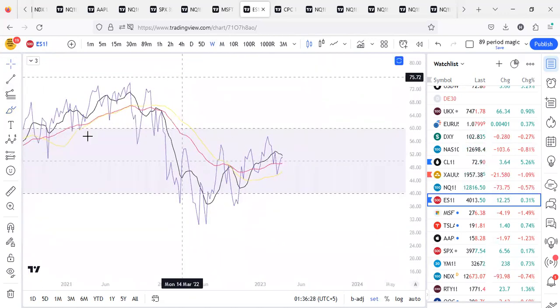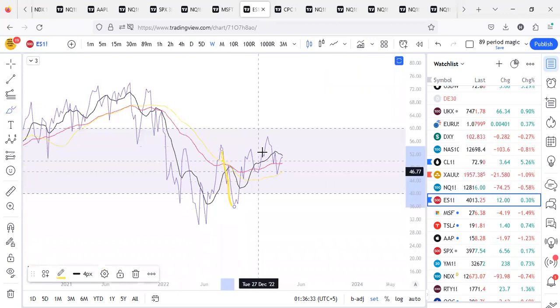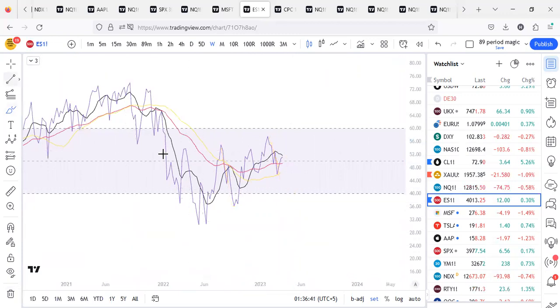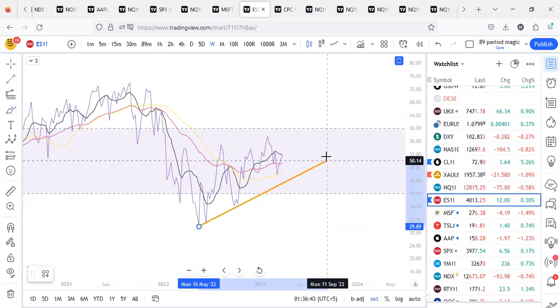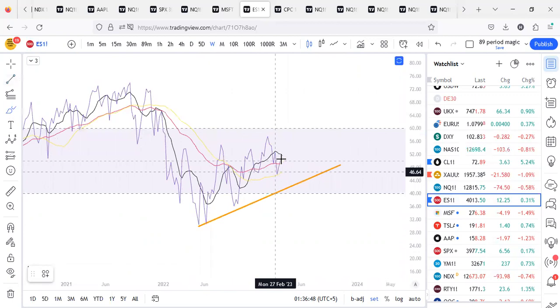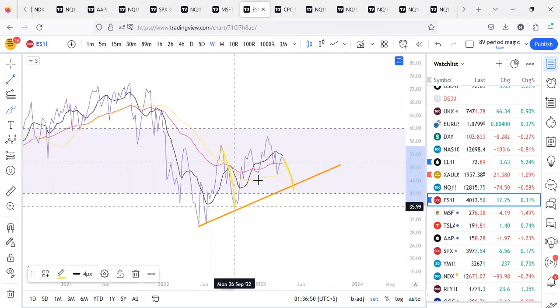The cycle analysis of RSI shows that we should do an equal leg of this, which means we should get a decline in price like this. That is, we should go down like this, make an equal leg in RSI like this, and then we will go up.